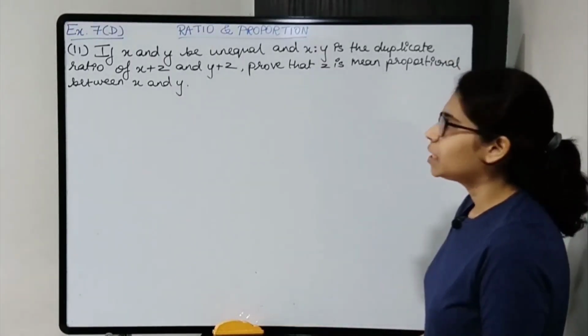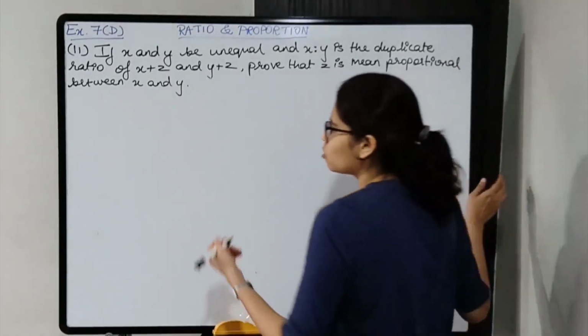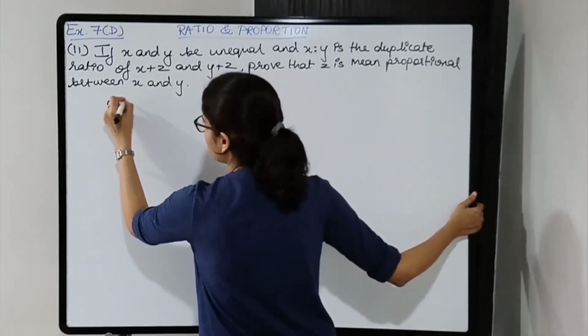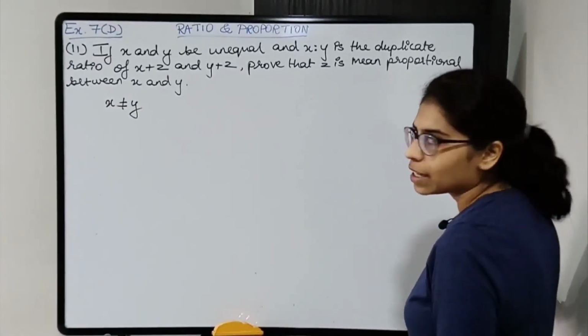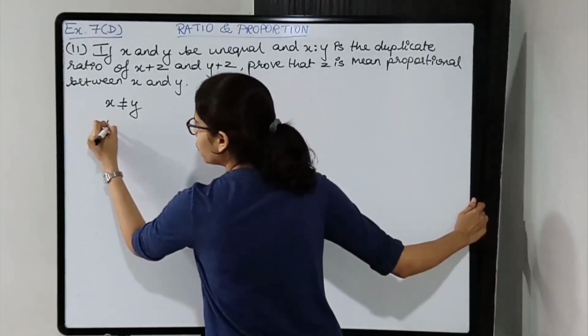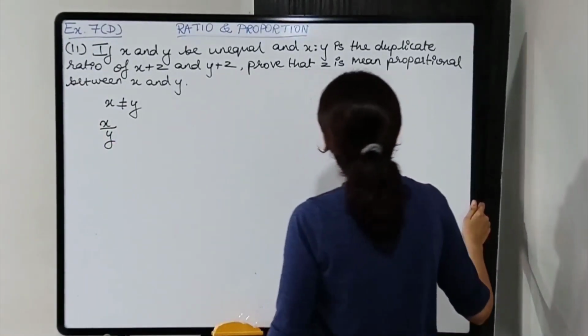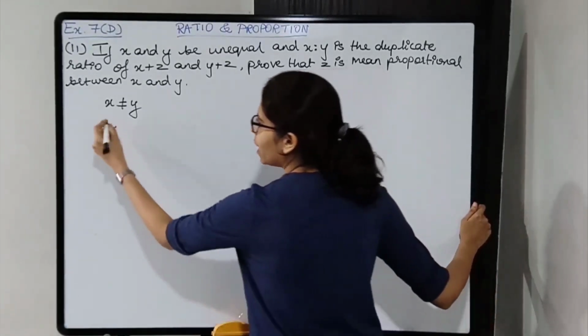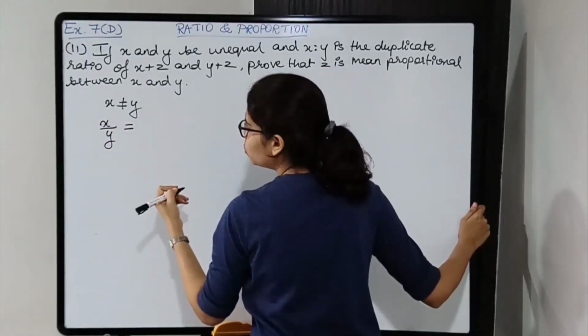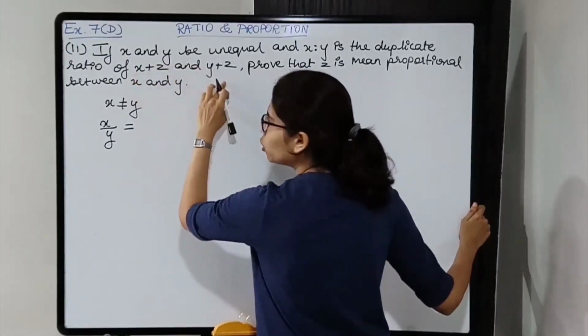x and y be unequal, that is x is not equal to y, this is given to us, and x is to y, x is to y is nothing but x upon y, is the duplicate ratio of x plus z and y plus z. So x upon y is equal to duplicate ratio of this upon this.